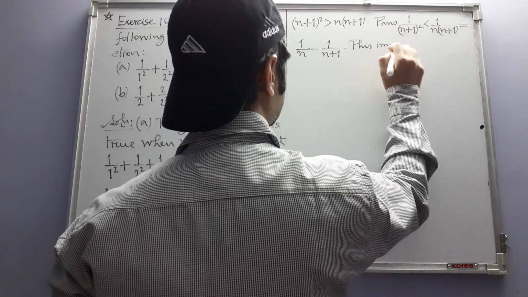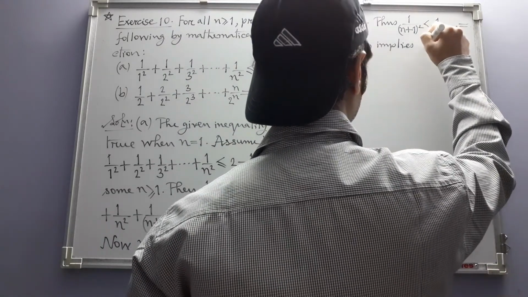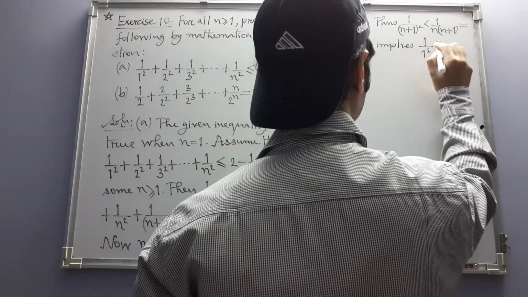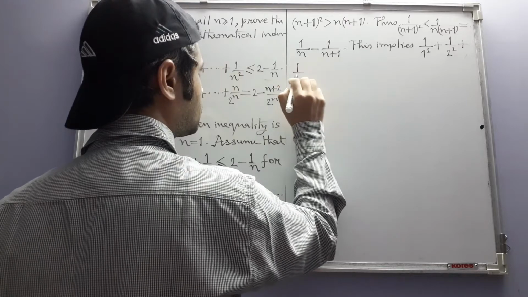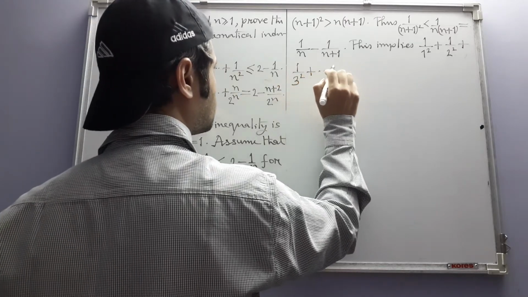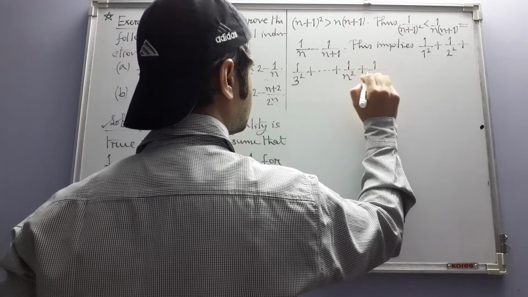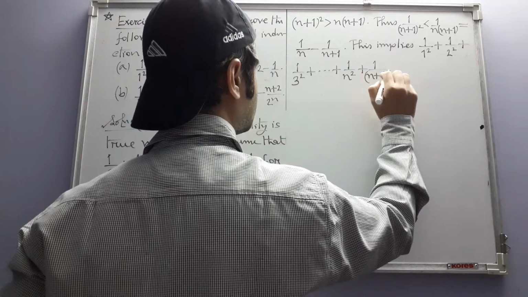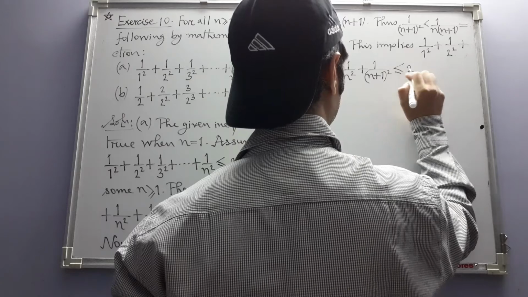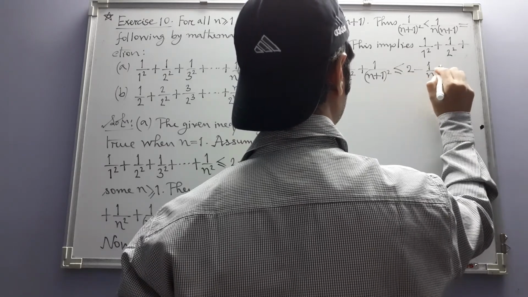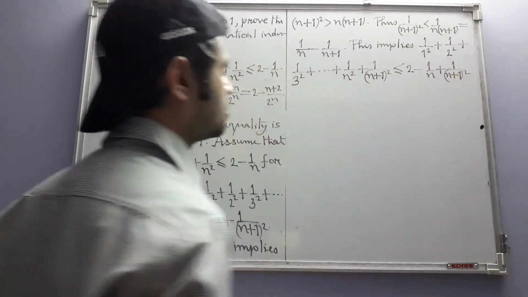This implies less than or equal to 2 minus 1 by n plus 1 over this.